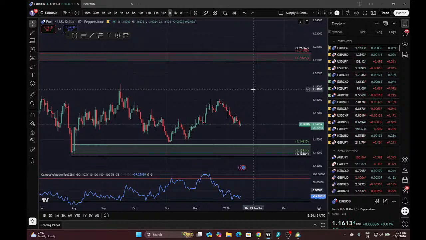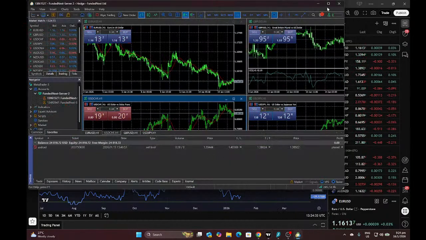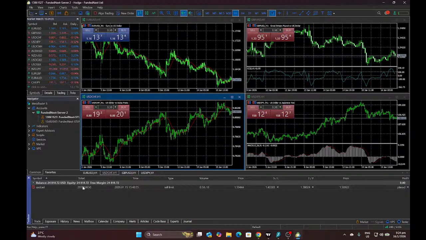I only trade Forex, and in this weekly trading journey, I'll be using my funded account from Funded Next, the 25k account, and we'll see how it goes at the end of the day. Right now my balance is at 24k and 800 ish, so it's about minus 200 around there.